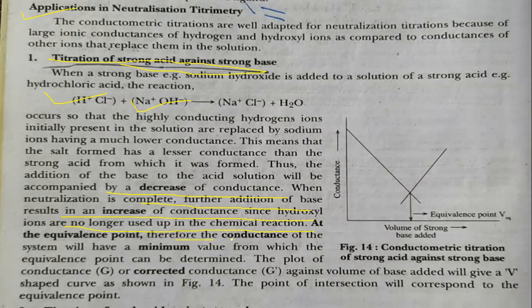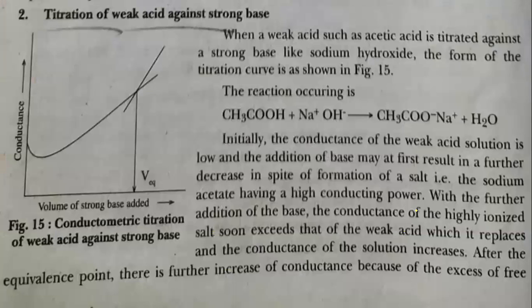At the equivalence point, therefore, the conductance of the system will have a minimum value, from which we can find out the equivalence point. From the point where the crossing takes place, we plot one line to the x-axis, on which we are taking the volume of titrant added, where we will get V equivalent, the volume at the equivalence point.